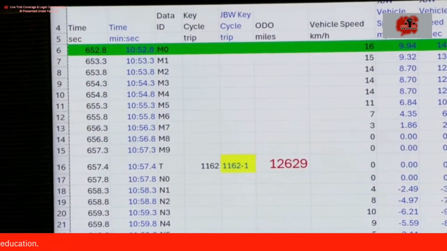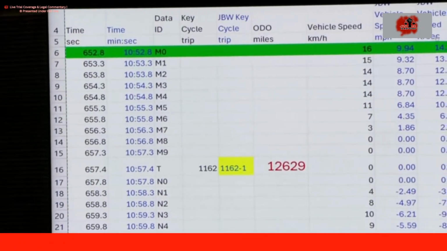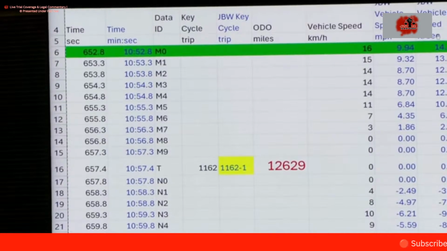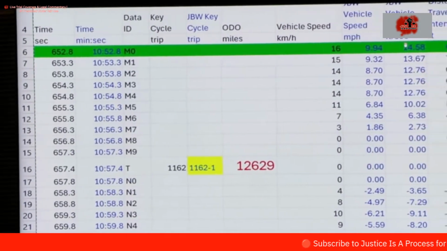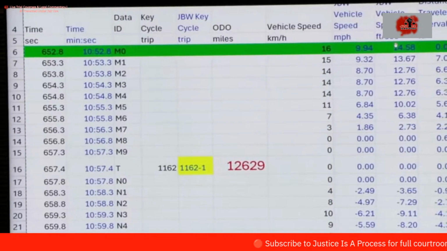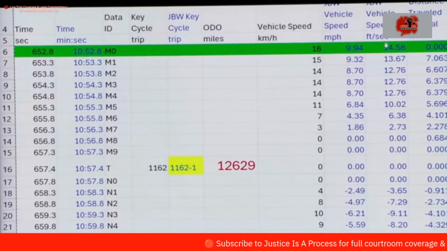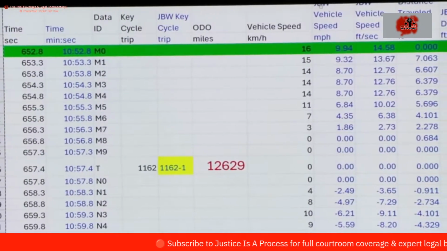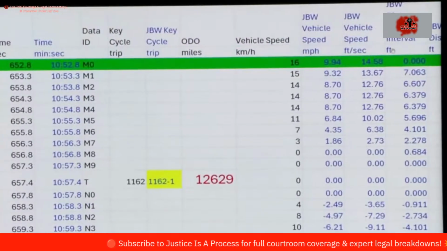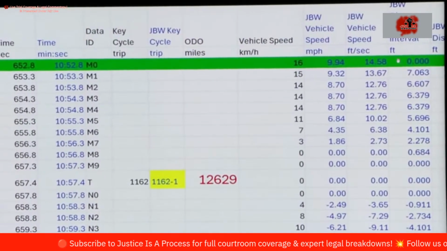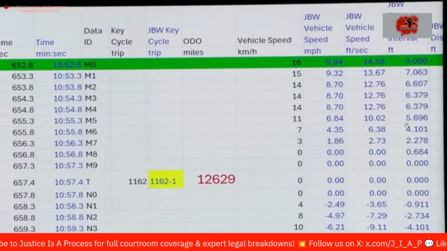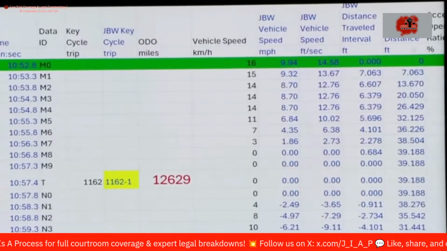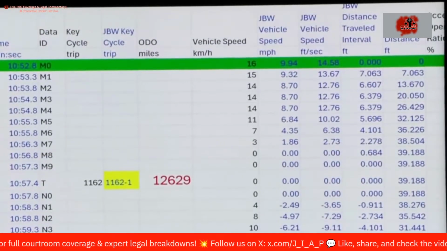So if you know you're going so many miles per hour, again, I converted it to feet per second. You're going so many feet per second for half a second, for example. You just multiply those two together and it tells you how far you went. So what I'm doing is looking at speed traveling during the interval, that's during this short time period, and then I add it all together here for total distance traveled.